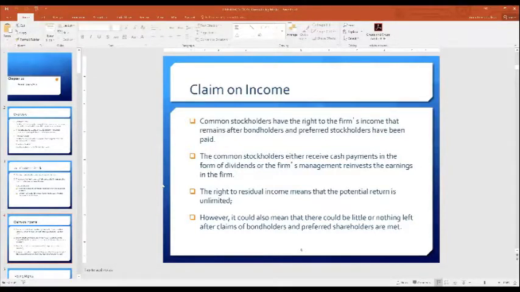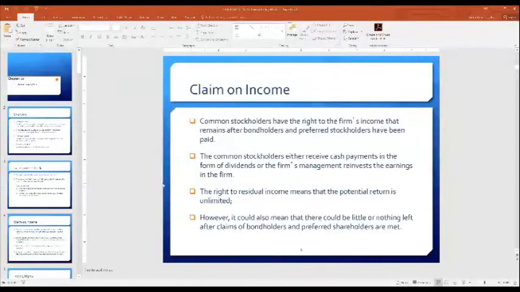Basta wag niyo kakalimutan when we say common stockholders, they are the owners. Okay? So they are the owners. Kumbaga, they can vote. They elect, 'di ba, kung sino yung magiging board of directors. Okay?